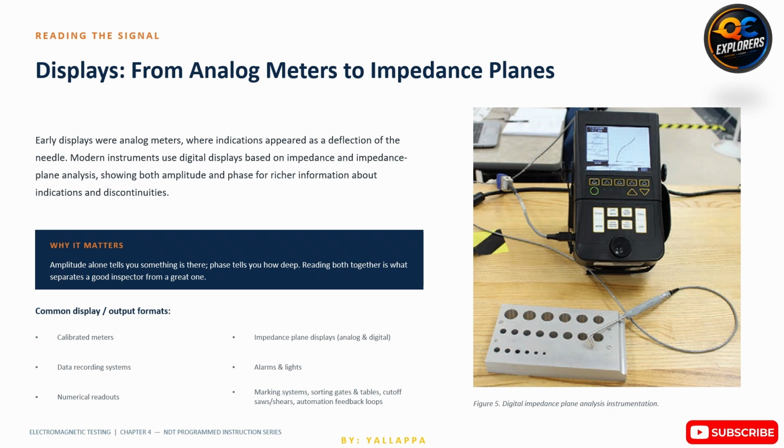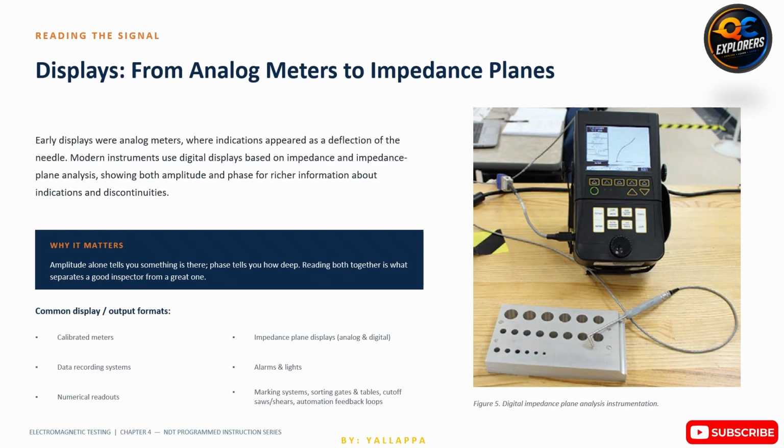Modern instruments also offer numerous display and output formats, including numerical readouts, impedance plane displays, automated alarms, data recording systems, marking devices, sorting gates, and automated production controls. These capabilities enable rapid inspection while maintaining excellent traceability and quality assurance.